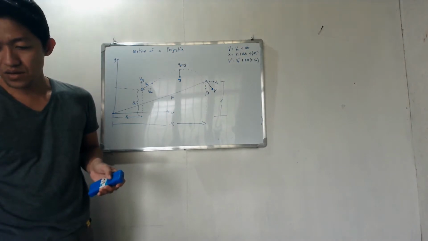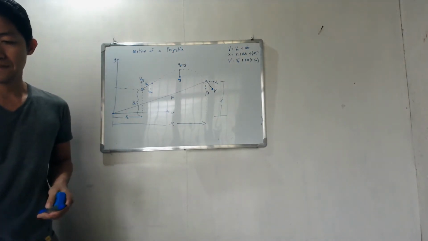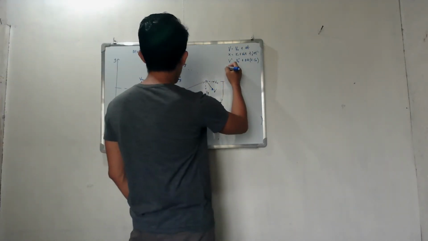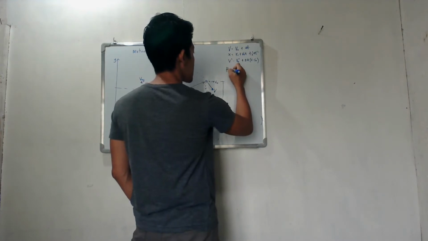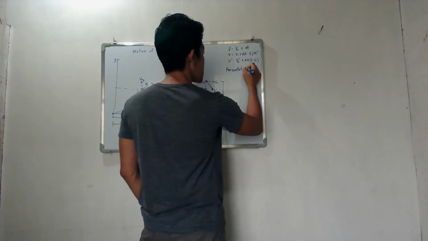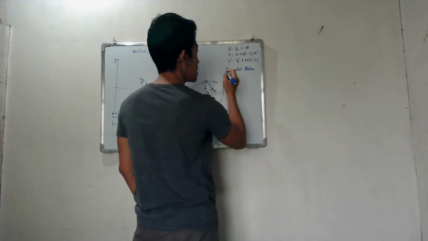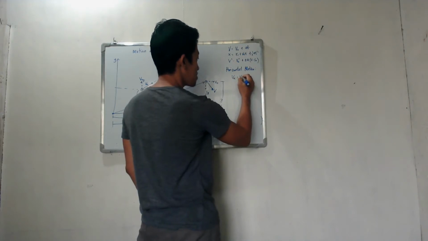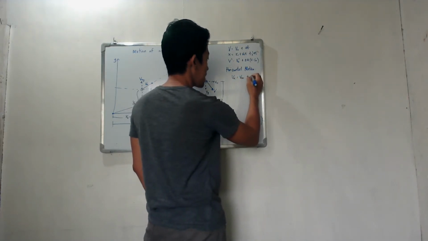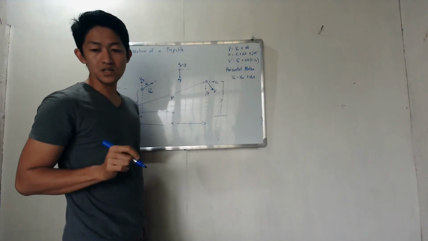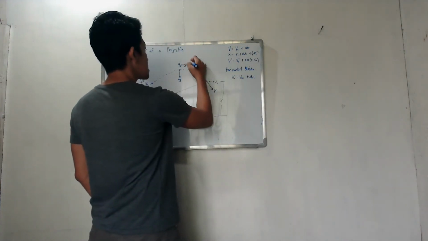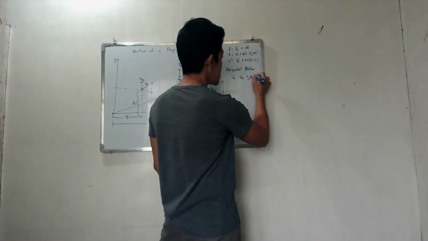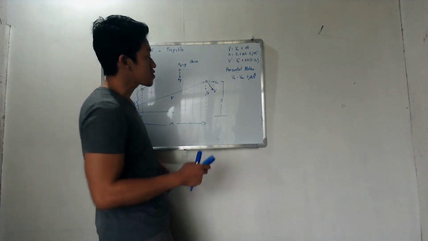Applying these equations for the x component, the horizontal motion, Vx is equal to Vox plus a sub x t. But since there is no acceleration component along x, a sub x is 0, it is only along y, so Vx stays the same as Vox.